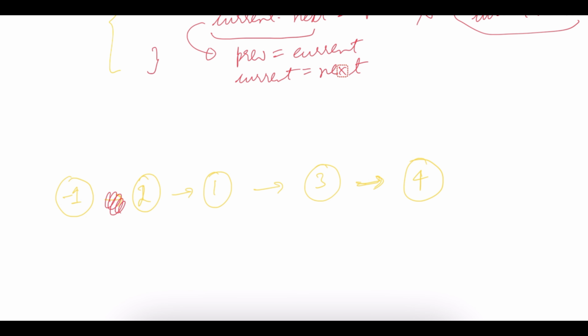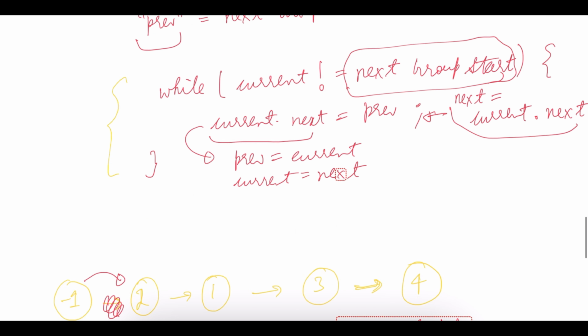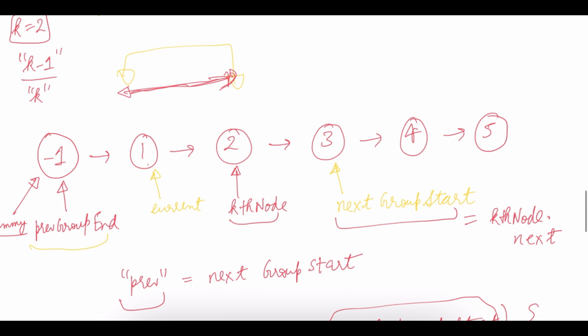In order to update this, we're going to do previous group end dot next equal to kth node, and this will update this pointer. And you might be wondering, why did we not update this pointer explicitly?